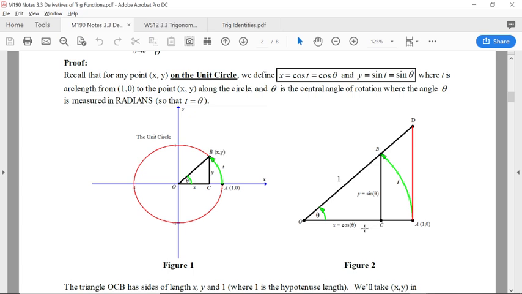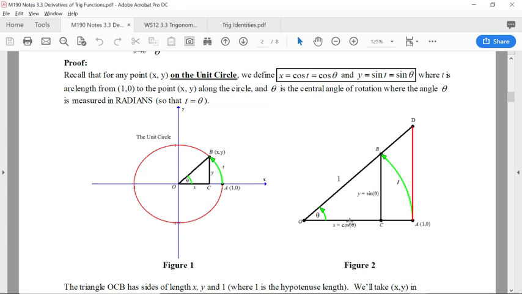From geometry we know that the ratios, which is important in understanding the trigonometric functions anyway, no matter how large or how small the triangle is, if the angle we're interested in isn't changing, the ratios of sides will always be the same. So the ratios of sides in similar triangles are always equal. Relative to this angle here, the ratio of this side to this side in the smaller triangle, sine of theta over cosine theta, must be exactly equal to the ratio of this side AD, whatever that is, divided by this side OA.